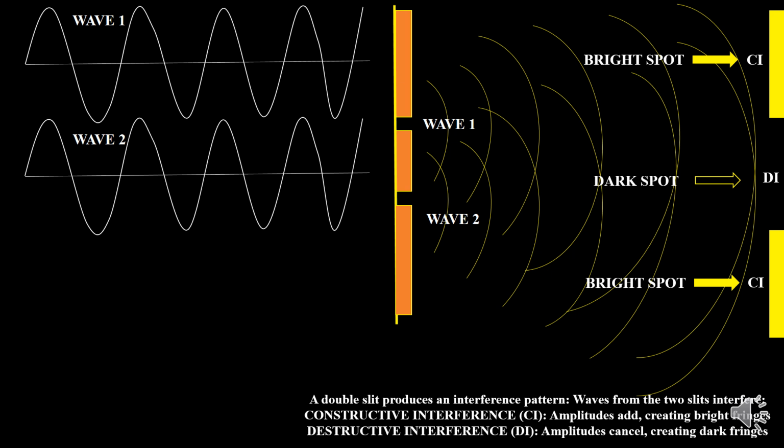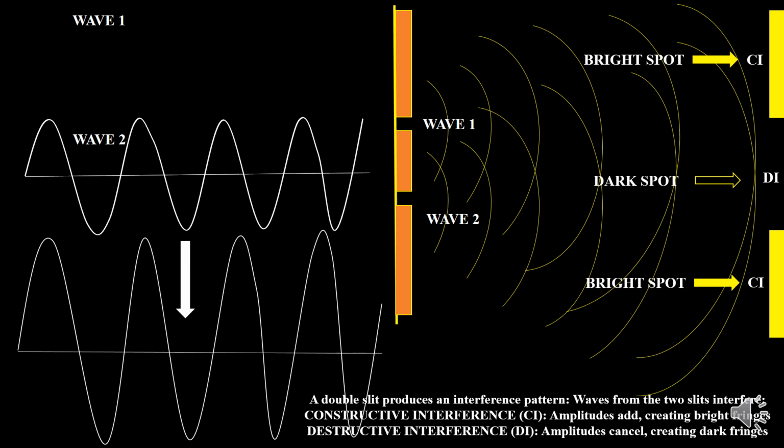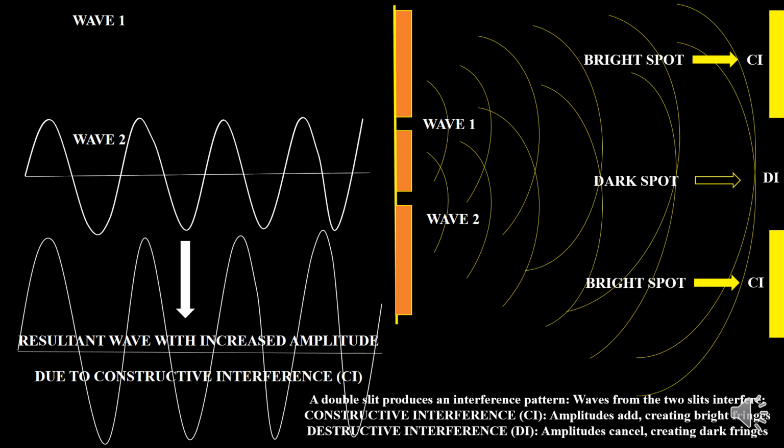Why do you see a bright spot during constructive interference and a dark spot due to destructive interference? Let's find out. Now during constructive interference, the two waves combine or overlap, and the outcome is a resultant wave with an increased amplitude, and this is caused due to constructive interference.